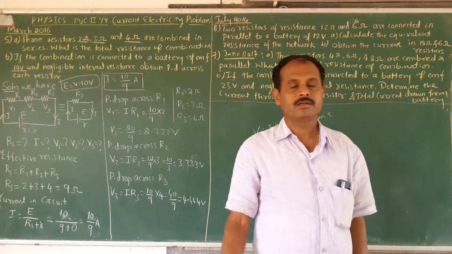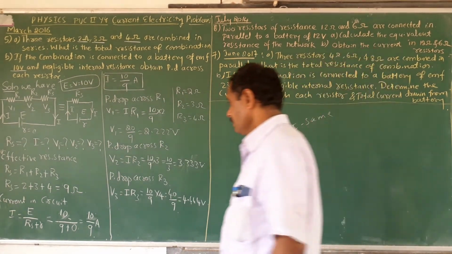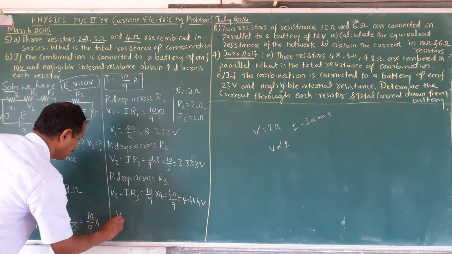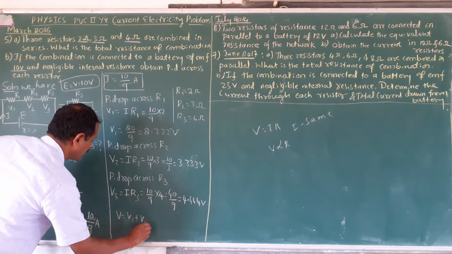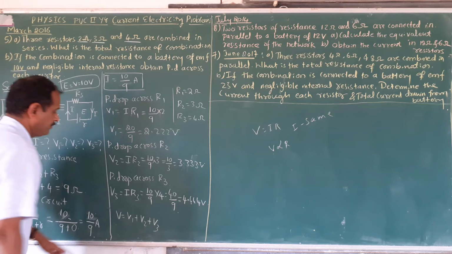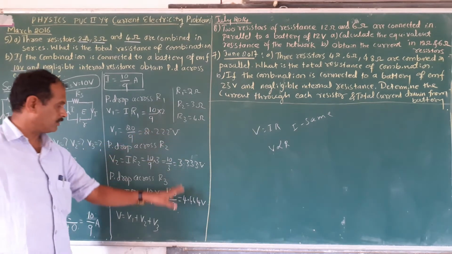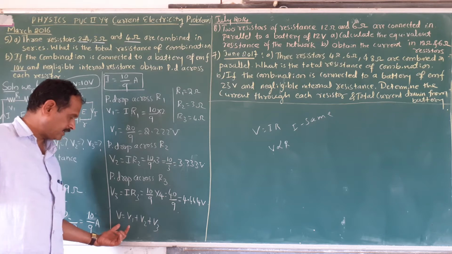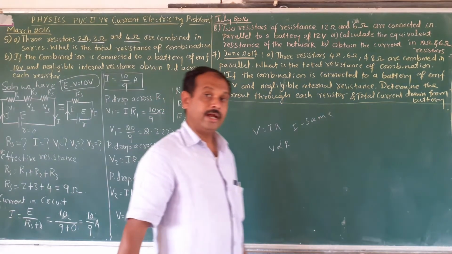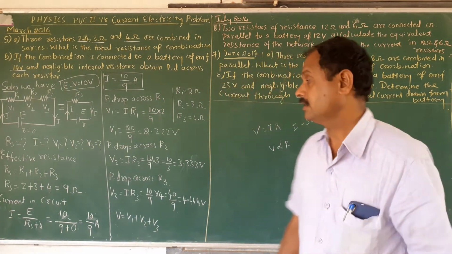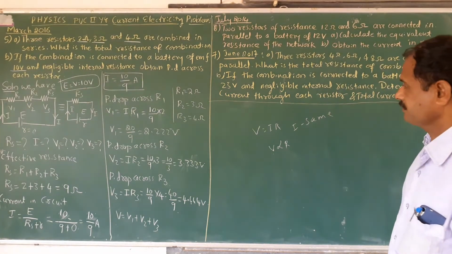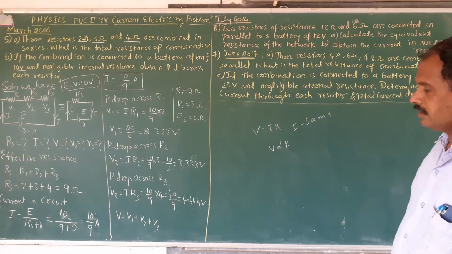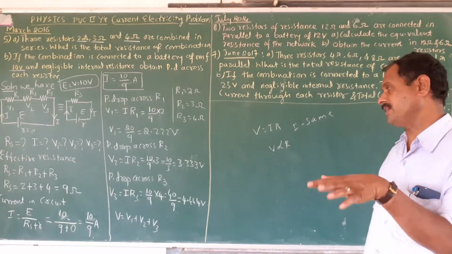That is, V is equal to V1 plus V2 plus V3, and V is equal to 10 volt. We add all three values and again get approximately or exactly 10 volt, so whatever answer you calculated is the correct one. This is the cross verification.